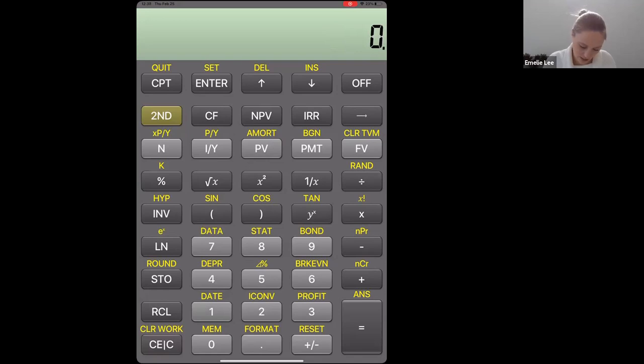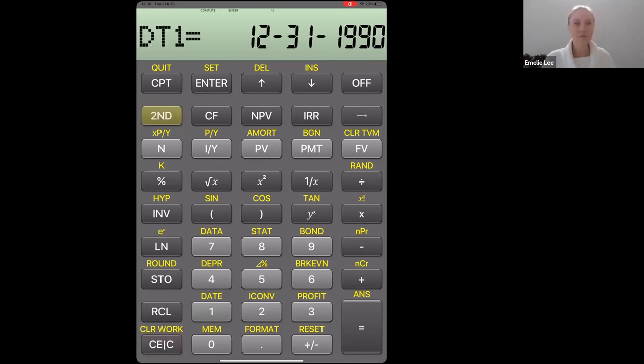Let's do that. Second date. Let's scroll through here and see what's going on first. If you need to find the days between dates, you need to have date 1, which is, timeline wise, the leftmost date. So it has to go from date 1 to date 2.